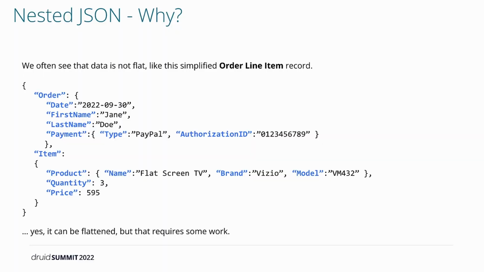So, what is nested JSON and why support it? Nested JSON is this idea that a JSON structure can have multiple levels of nesting. That means it can contain nested JSON objects within fields of the higher level JSON structure.